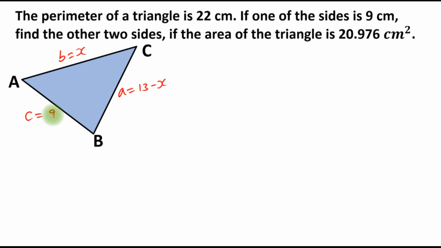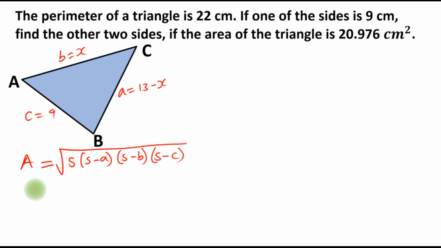Now for Heron's formula, the area A is equal to the square root of S multiplied by S minus A, multiplied by S minus B, multiplied by S minus C, whereby S is half of the perimeter of the triangle, A plus B plus C, and this is half of 22, which is actually 11.